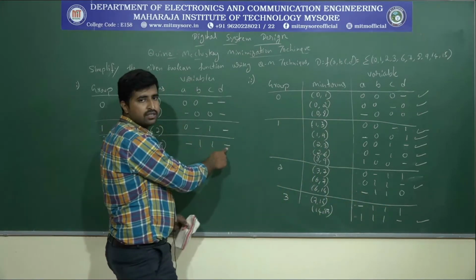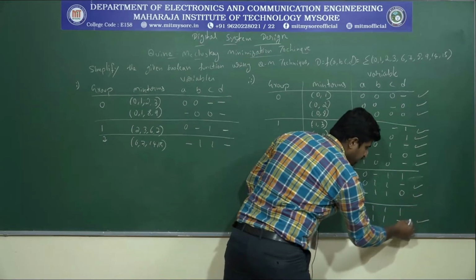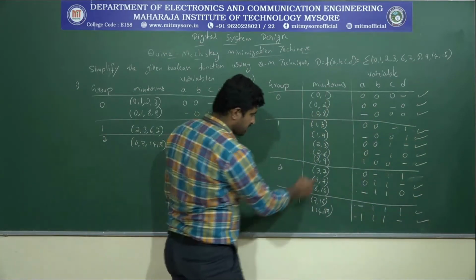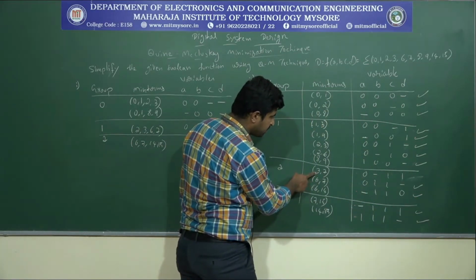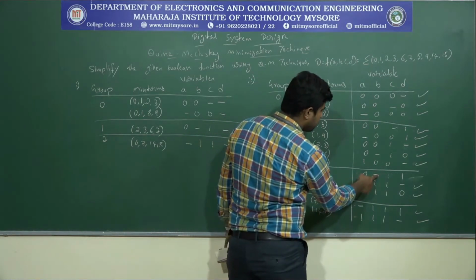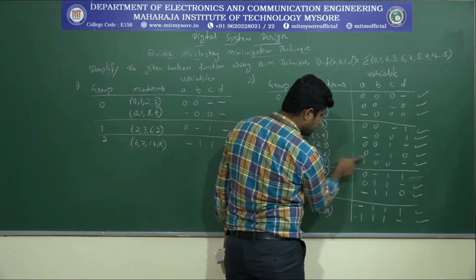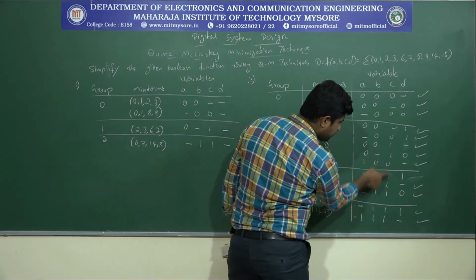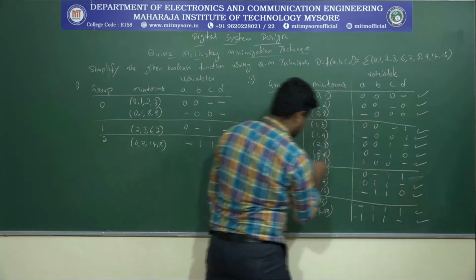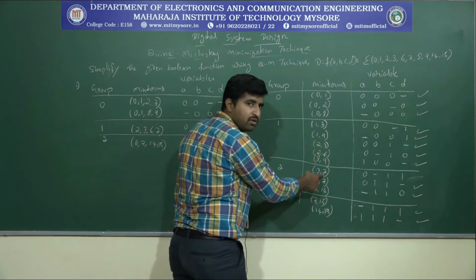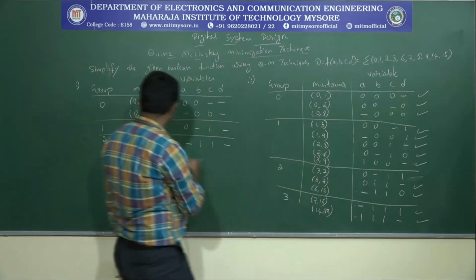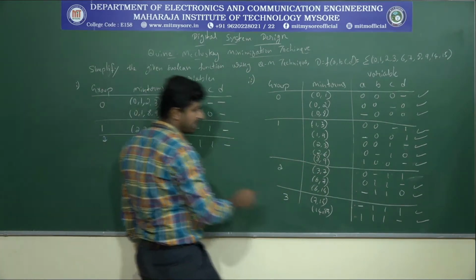Next 3, 7 and 2, 6: 0 0 dash 1 0. When you compare 2, 6 with 3, 7, it is already covered. 3, 7, 2, 6 is already covered.